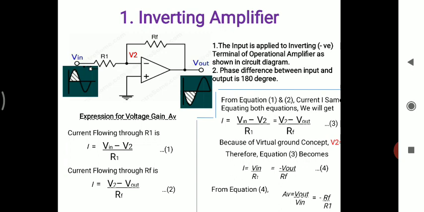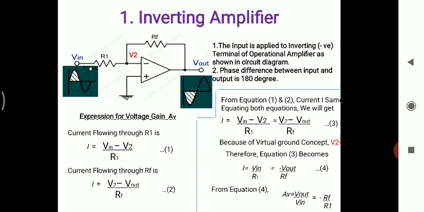Then we get the equation AV equals minus RF divided by R1, where RF is the feedback resistance and R1 is the input resistance. The minus sign indicates that there is a 180 degree phase shift between input and output.